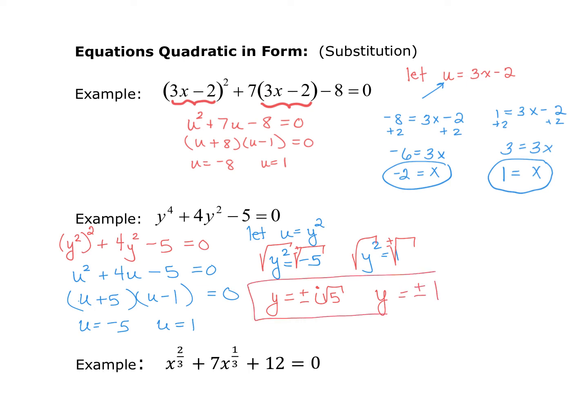Interesting note, you should notice we actually got 4 answers. Positive i root 5, negative i root 5, positive 1, and negative 1. And we did start with a y to the 4th. That's very typical.